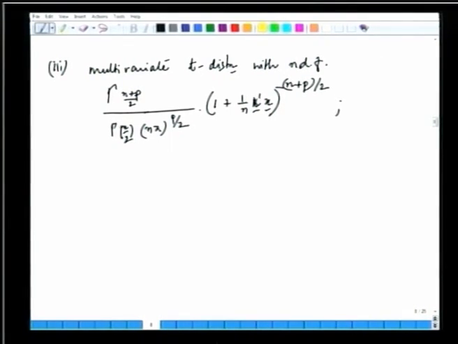Well, p comes from the dimension of x, x is p cross 1, and if you have n equal to 1 here, it gives the multivariate Cauchy distribution.